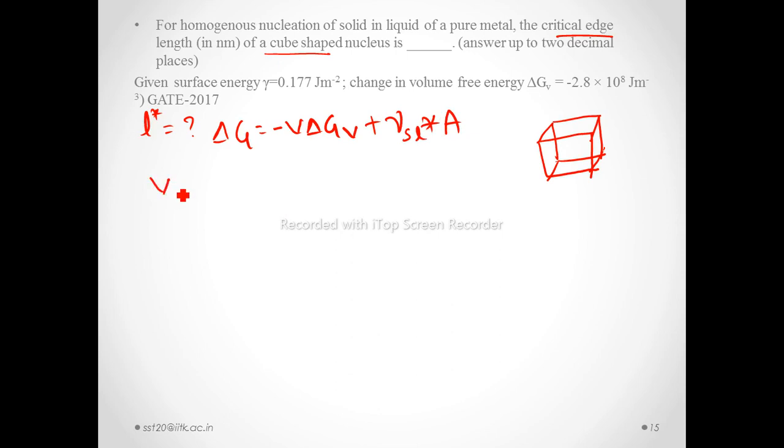For the cubic, the volume is given as a cube, or I will consider this as a star.